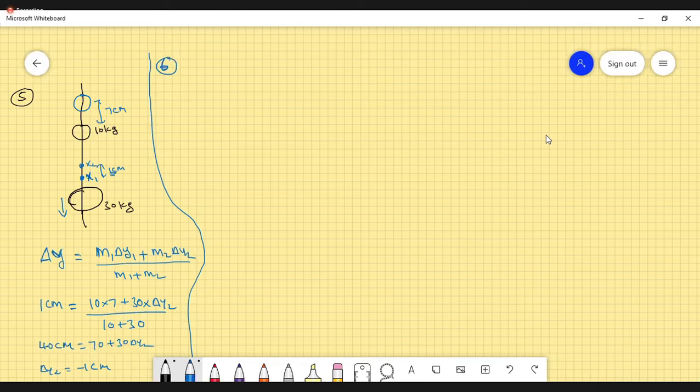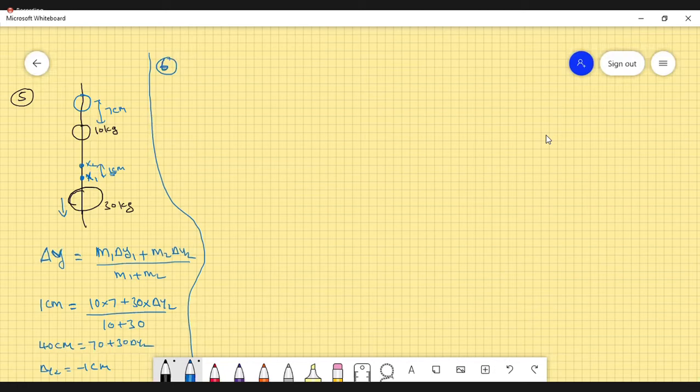Two bodies attract each other due to mutual gravitational attraction, then the velocity of the center of mass is? Zero, sir. Very good. Internal forces will not affect the motion of the center of mass.